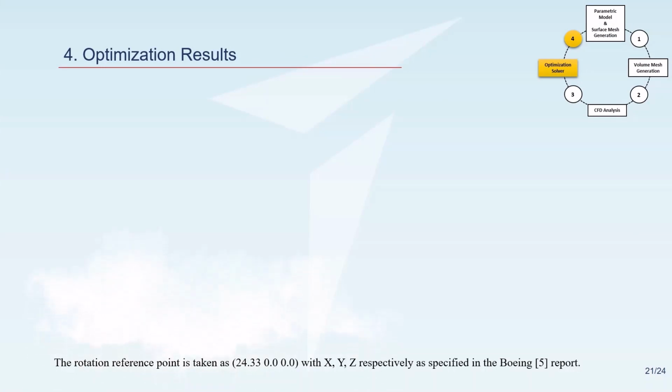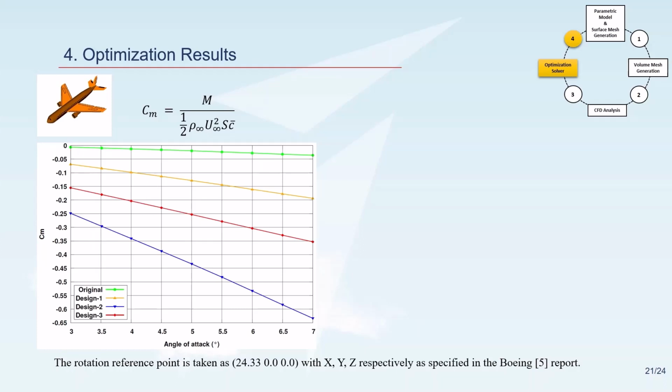Also, we made a stability analysis for the optimized geometries. As you can see in the animation, the pitching moment coefficient is used for the nose down and the nose up motion of the aircraft. In order to say that the aircraft is stable, there must be a negative change in the pitching moment when there is a positive change in the angle of attack.